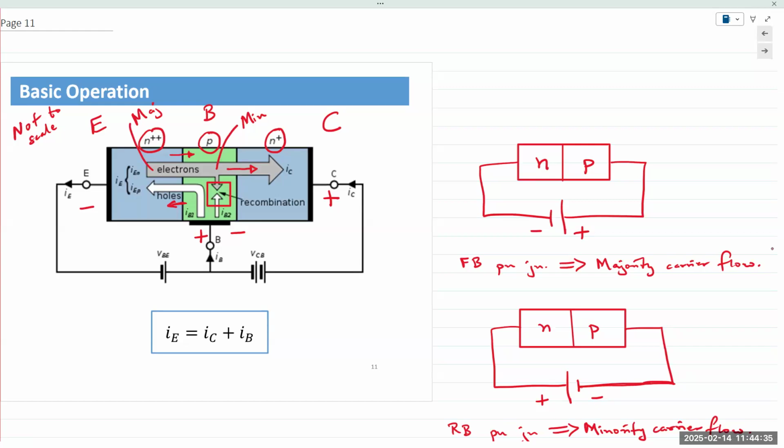You have a huge number of charge carriers coming from the emitter, hence the name emitter. So a large number of carriers coming into the base, but because the base is very thin and very lightly doped, all those charge carriers are hanging around with nothing to do.